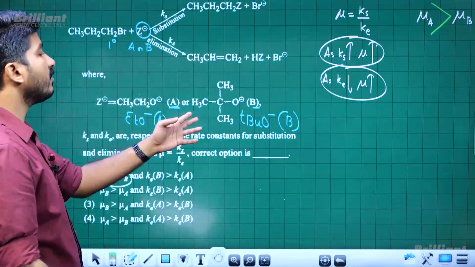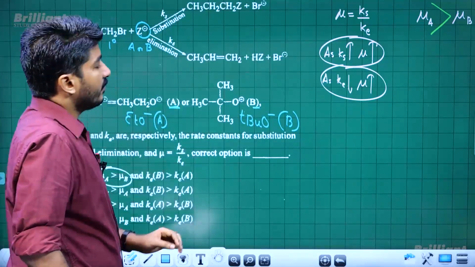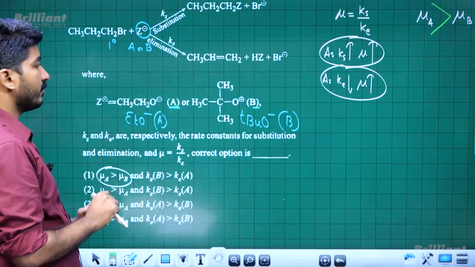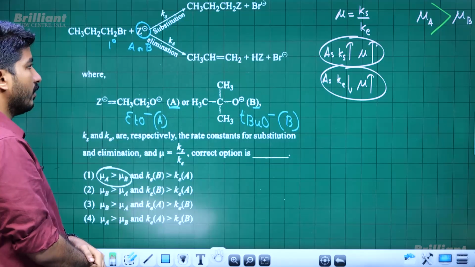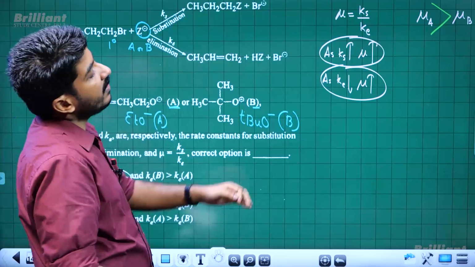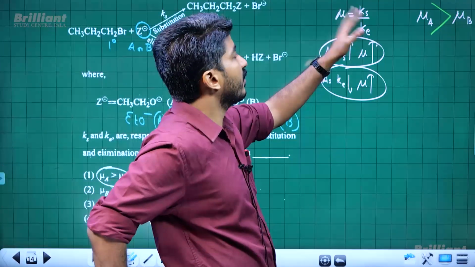You can easily say that mu B will be less than mu A, because if we use B, elimination is increasing and substitution is decreasing due to steric factors, and therefore mu decreases. So as steric factors increase, mu decreases.